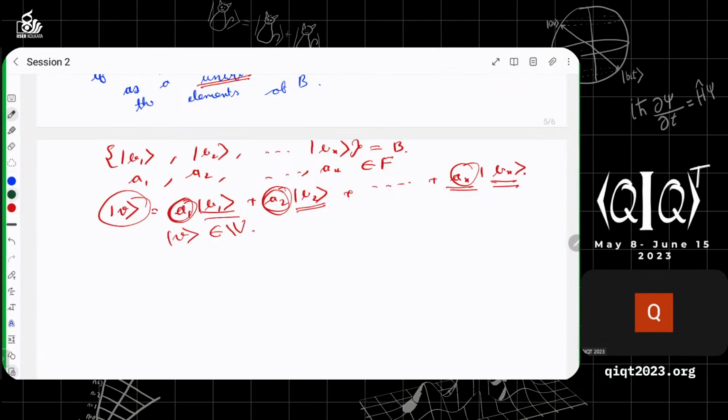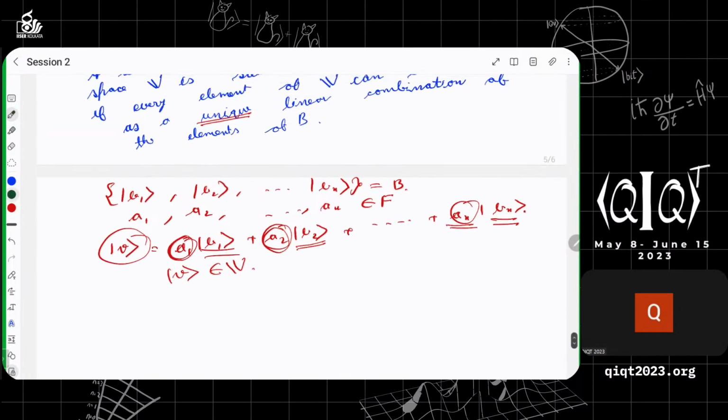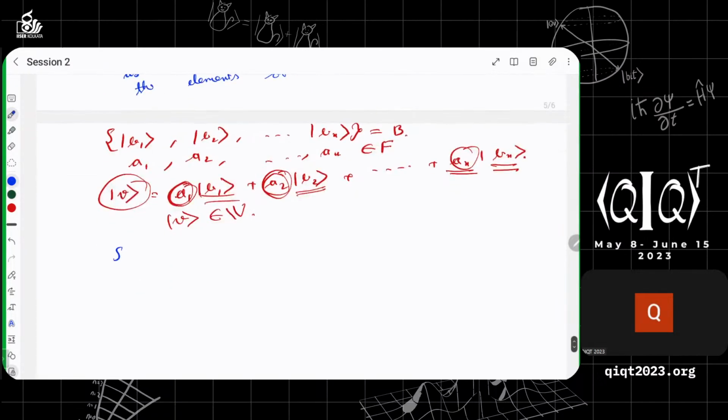Now, we can have different types of bases. For example, let's look at the basis that we just discussed, which was x, y, z. In this basis, x, y, and z are all orthogonal to each other. They're all perpendicular to each other.